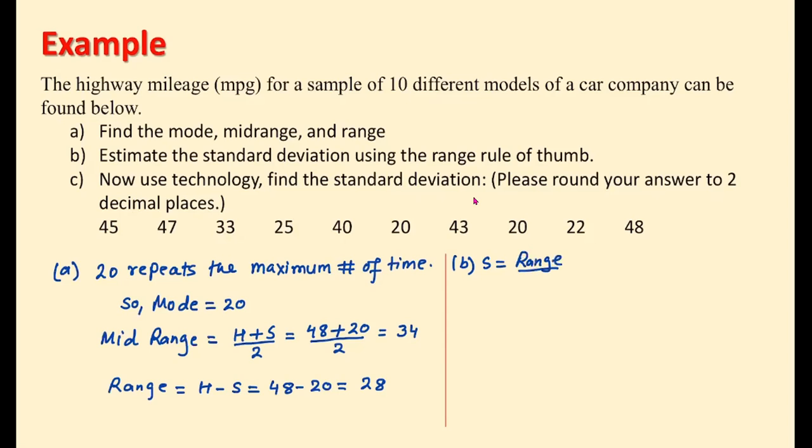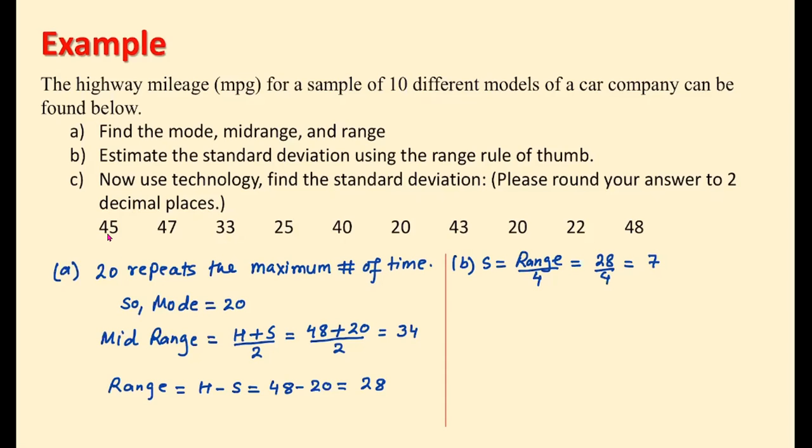In this case, the range is 28, divided by 4, which is equal to 7. So according to the rule of thumb, the standard deviation approximation is 7. But remember, the value given by the rule of thumb is not the exact standard deviation.